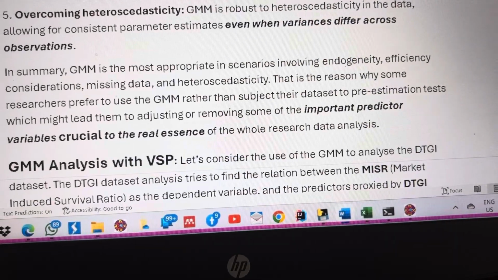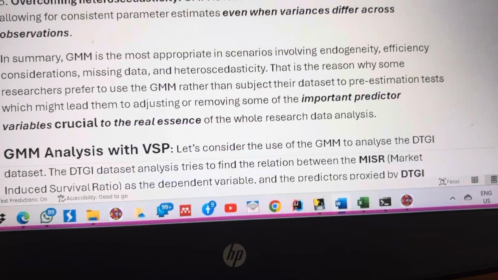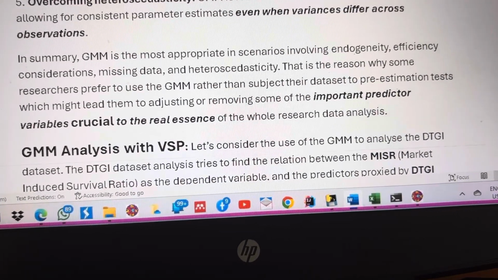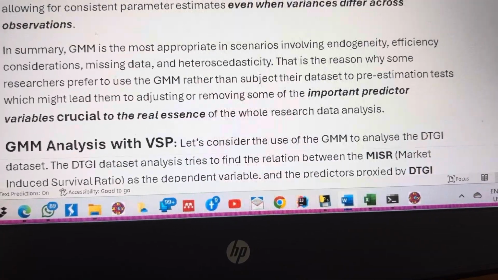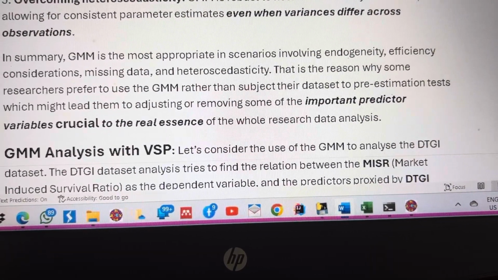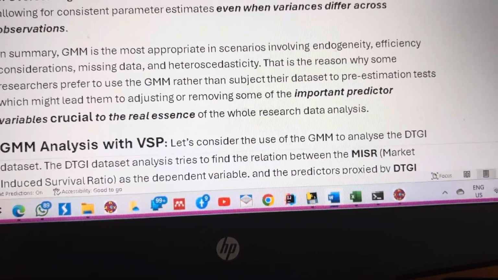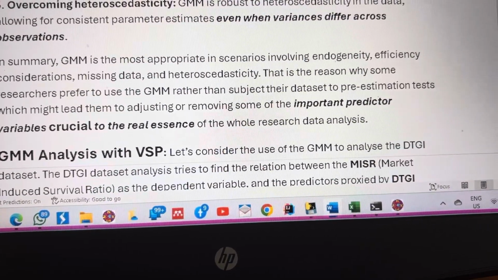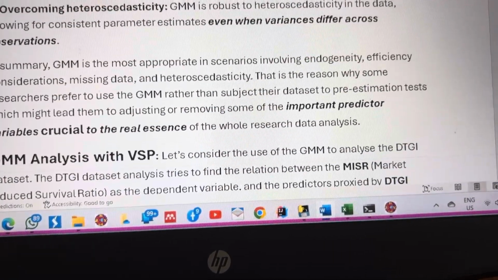That is the reason why some researchers prefer to use the GMM rather than subject their datasets to pre-estimation tests, which might lead them to adjusting or removing some of the important predictor variables crucial to the essence of the whole research data analysis.